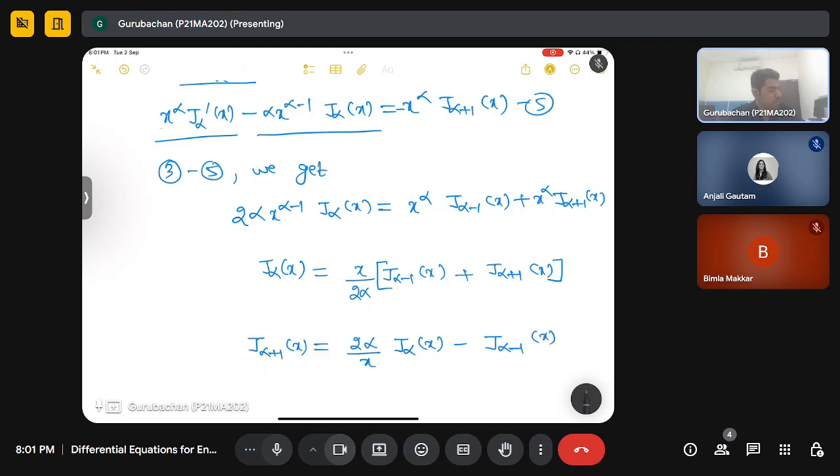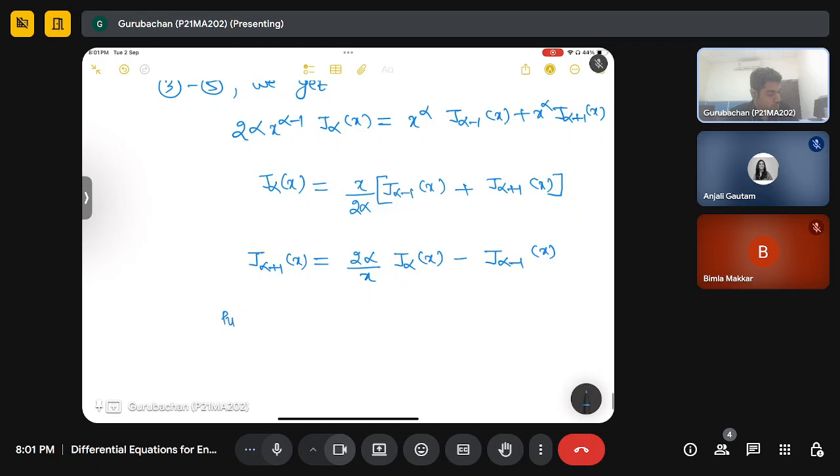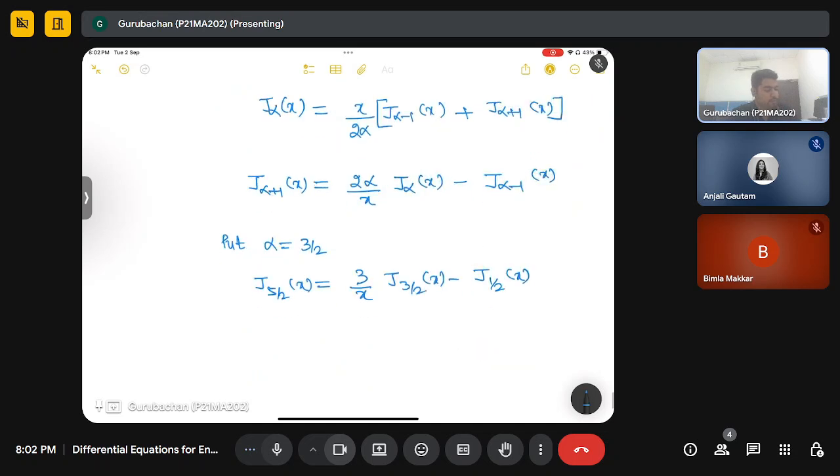So put alpha to be 3 by 2, and you will get J 5 by 2 of x is 3 by x J 3 by 2 of x minus J 1 by 2 of x.